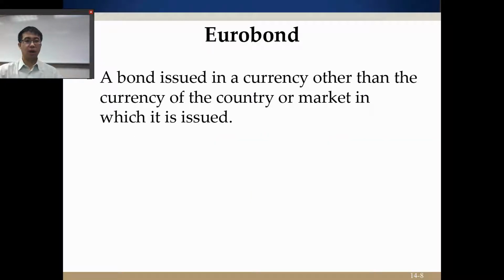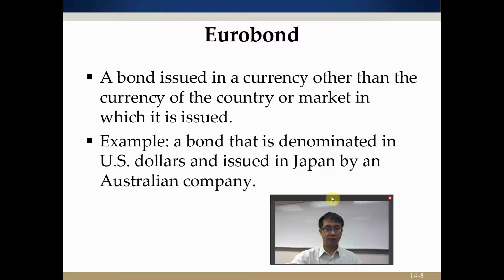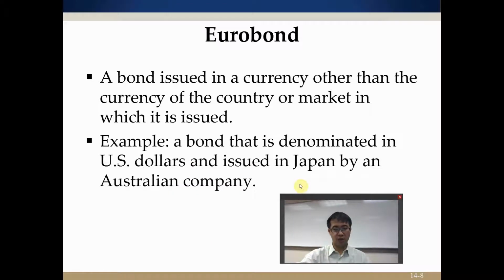All right, and we also have a eurobond. A eurobond is basically a bond issued in a currency other than the currency of the country or market in which it is issued. So here I got an example. We have a bond that is denominated in US dollar, and it's issued in Japan by an Australian company.